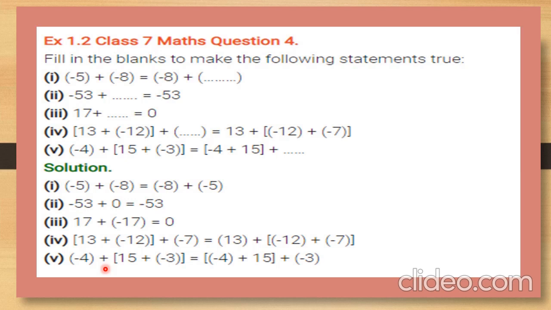So subtract and put greater sign. So answer will be plus 8 on the left hand side. Now minus 4 plus 15. So 15 minus 4 means how much? 11. Now 11 plus minus 3, so 11 minus 3 again 8. So 8 equal to 8. That means in this blank what will you get? We get minus 3.